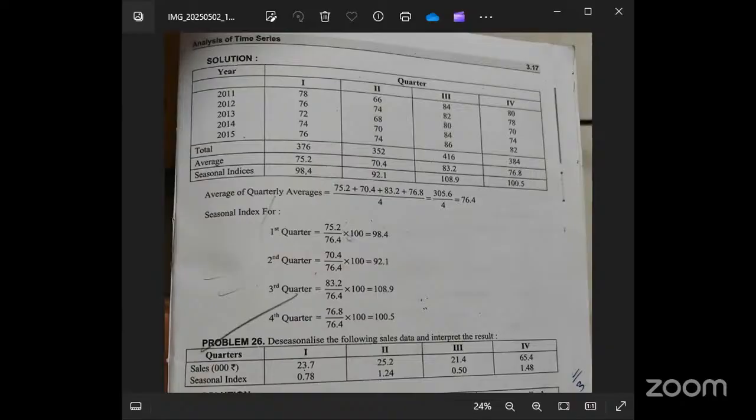Now we'll do deseasonalizing. See the next question: deseasonalizing the following sales data and interpret the results.